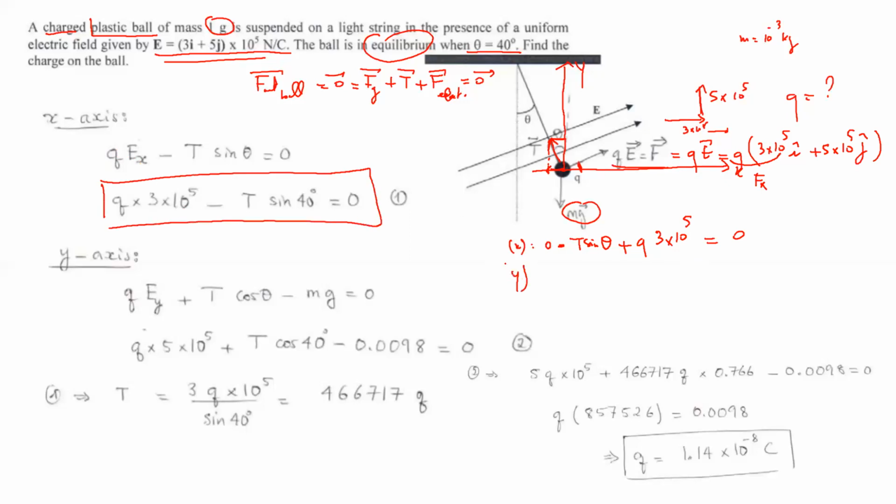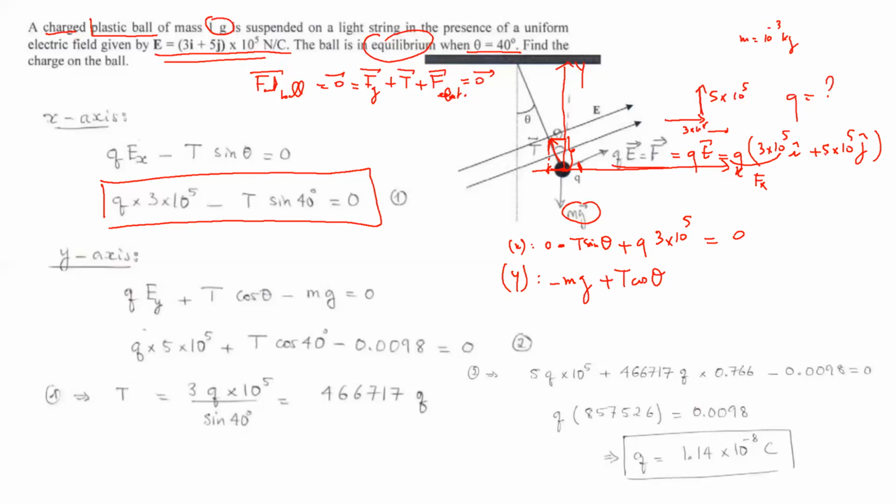Now along Y, let's do the same. Gravitational force along Y is just minus mg. Tension force along Y will be plus T cosine theta. Now, what is the electrostatic force along Y?